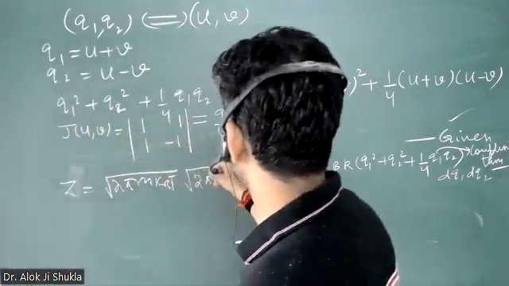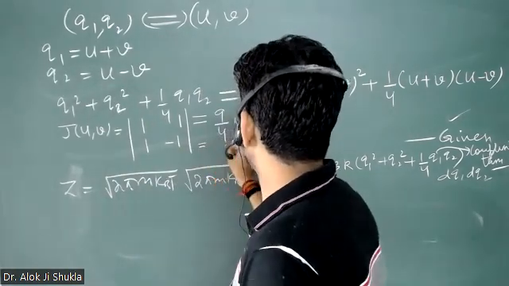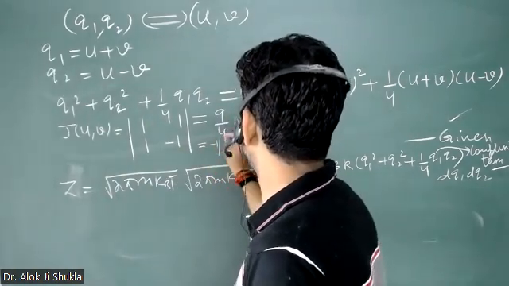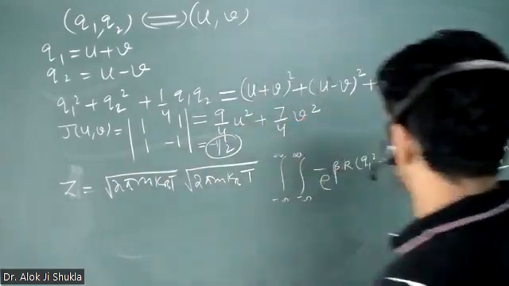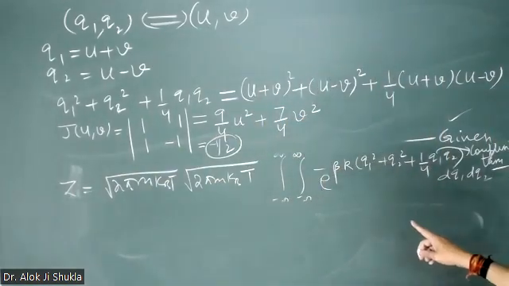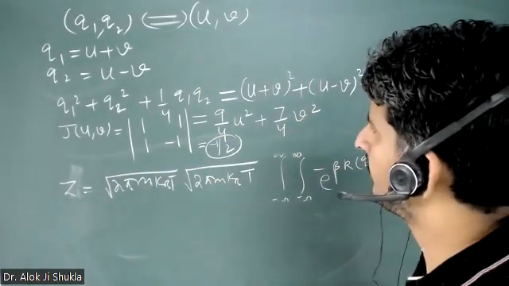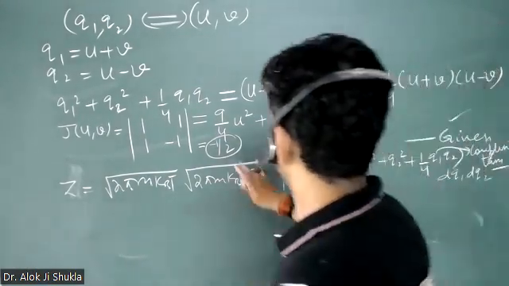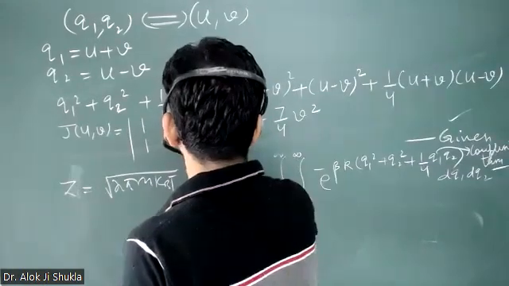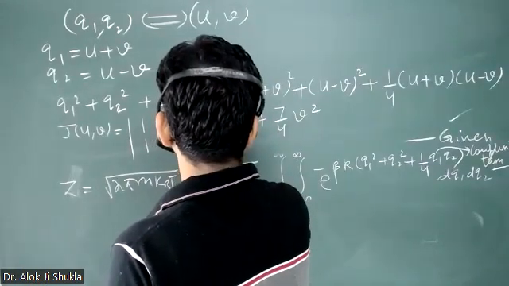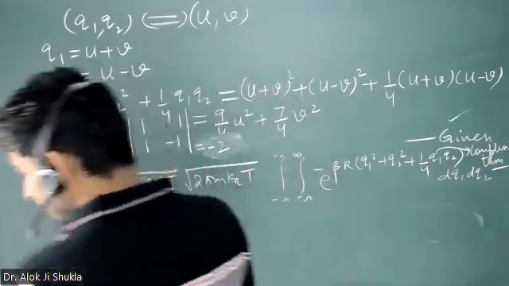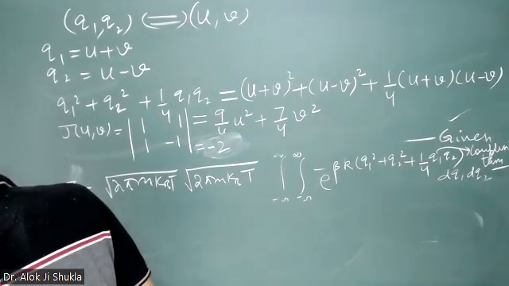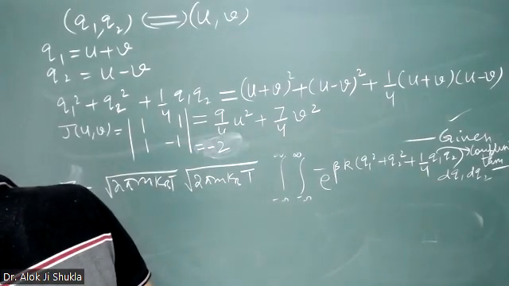So what we get here is minus 2. Oh, sorry, minus 2. Minus 2. This is minus 2, no? Or 2? Minus 2.